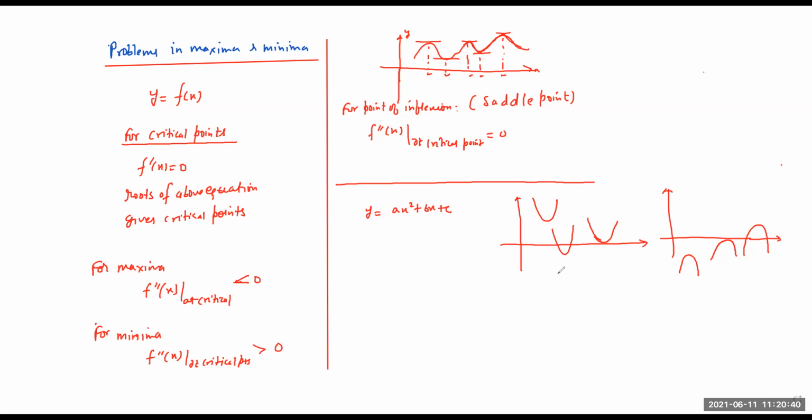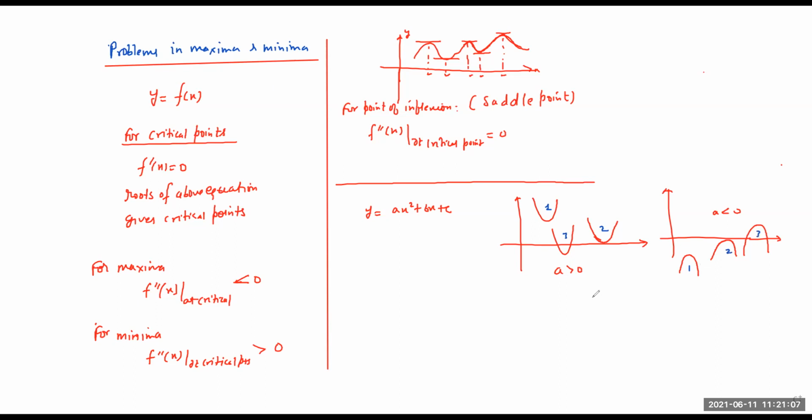The first three possibilities are for a positive, the last three are for a negative. The topmost graph, if I name them 1, 2, 3, in fact I should just change the number, 1, 2, 3.